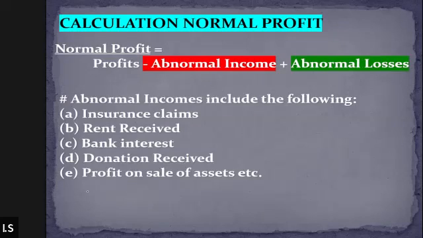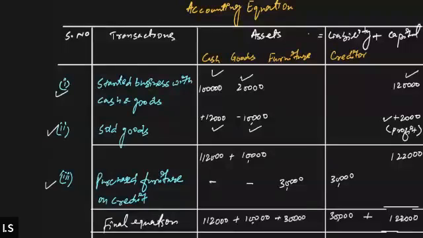But we also need to understand how we calculate normal profit. All right. So in order to calculate normal profit, there are certain expenses and certain income that need to be subtracted and added. So in today's session, we'll be doing questions based on the valuation of Goodwill. But before that, we need to understand the calculation of the normal profit. How do we calculate normal profit?